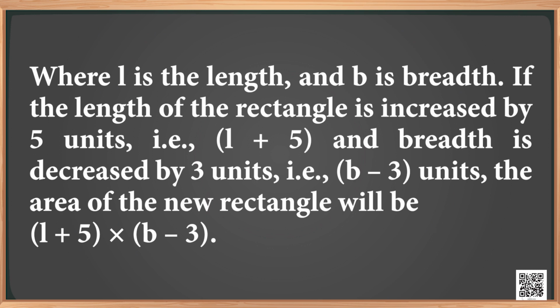If the length of the rectangle is increased by 5 units, that is L plus 5, and the breadth is decreased by 3 units, that is B minus 3, the area of the new rectangle will be L plus 5 times B minus 3.